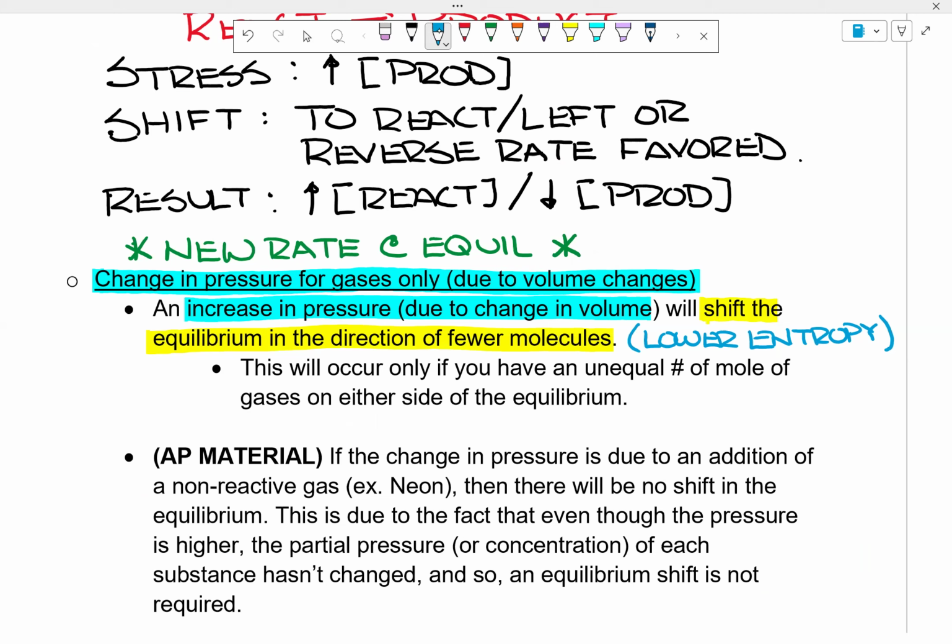So there's an inverse relationship between pressure and volume. Now, this idea of increasing pressure or decrease in volume with a lower entropy will occur only if you have an unequal number of moles of gases on either side of the equilibrium.